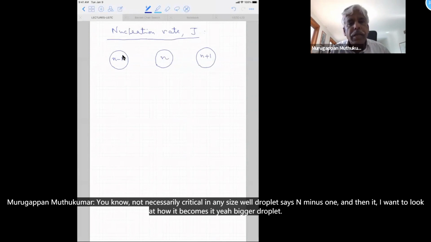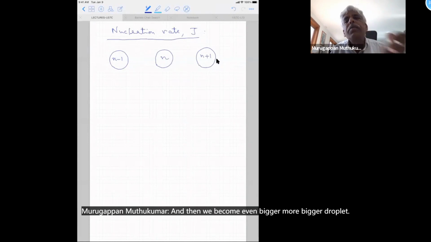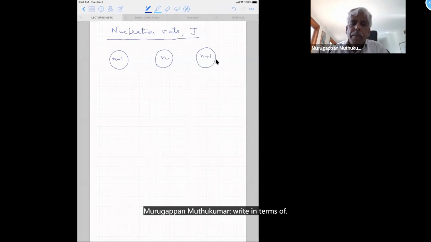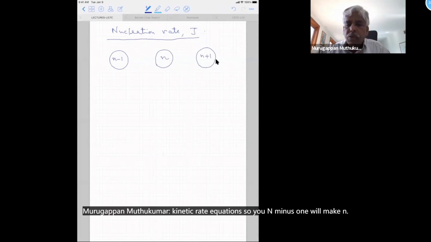Droplet size n-1, and then I want to look at how it becomes a bigger droplet, and then becomes an even bigger droplet. So we write in terms of kinetics, rate equations. So n-1 will make n.